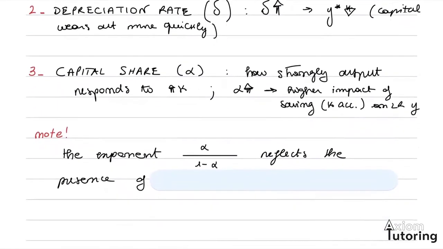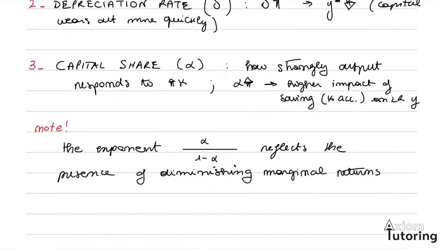Note that this exponent here exactly reflects the presence of the diminishing marginal returns. What do we mean here? We know that our Cobb-Douglas production function exhibits diminishing marginal returns with respect to its factor inputs, meaning that each extra unit of capital that is added is going to be less productive than the previous one.